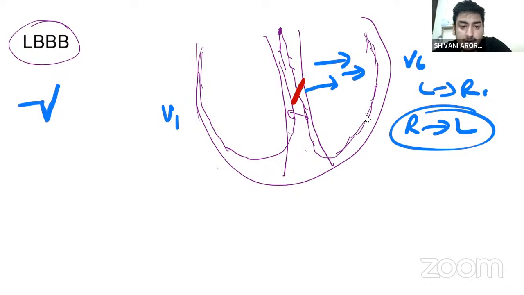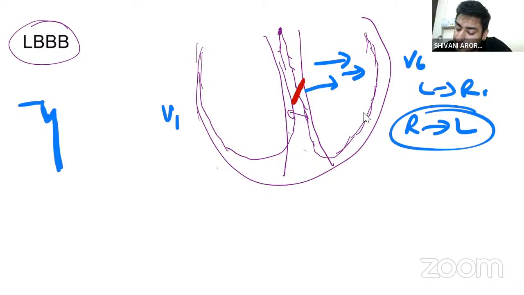So this deflection is because of right ventricular depolarization. And the third deflection is a very big S wave because of major left ventricular depolarization, which now occurs through ventricular muscle.